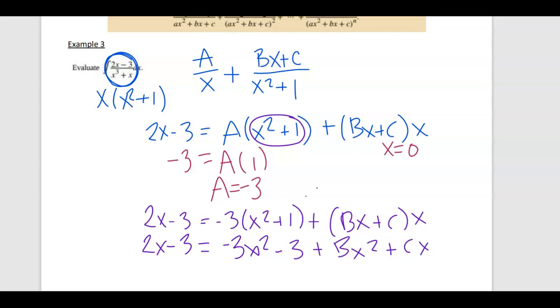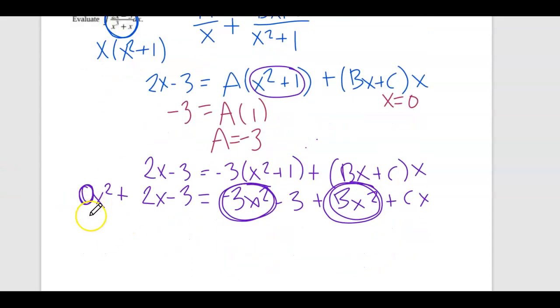Now again, I don't have an x squared term over here, so that means that my two x squared terms over here must cancel each other out to get me no x squared term over here for this to be equal. So if A is negative 3, B must be 3. And then also, if you notice on your x terms, we only have one x term.